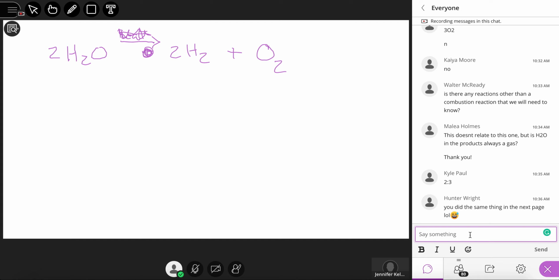So, okay. How many moles of water are needed to produce 55.7 moles of H2? So we don't know how many moles of water, and we have 55.7 moles of H2. So what am I going to write down first?